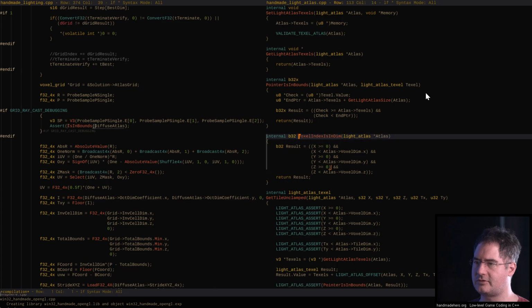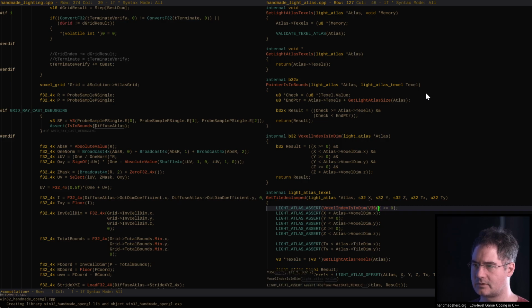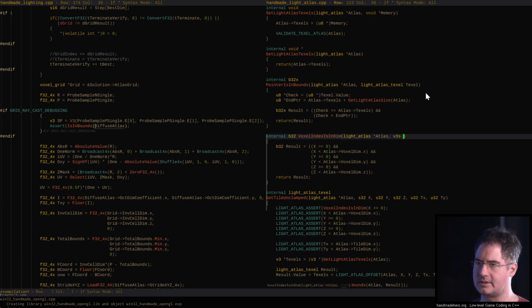So then we would just do voxel index is in dim of the light atlas. We'd assert that, as probably this would be an index.